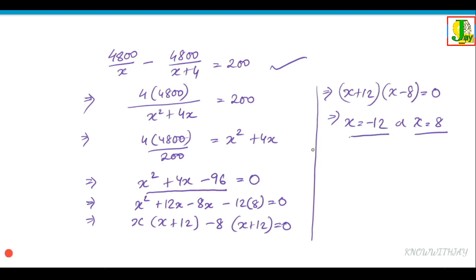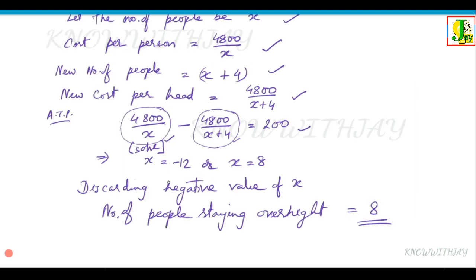You can pause the video and see if your calculation is right or not. So we found x equals minus 12 or x equals 8. Now x is the number of people staying overnight, so that cannot be negative. Discarding the negative value of x, the number of people staying overnight is 8.